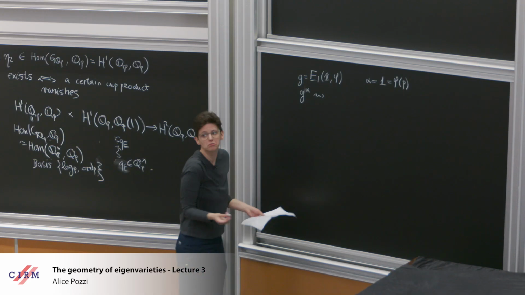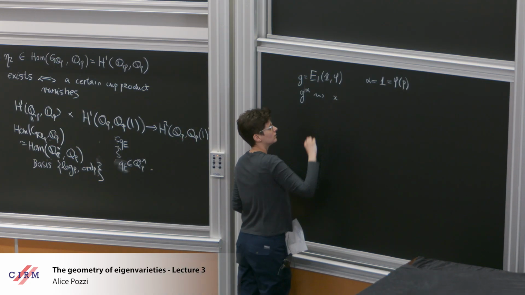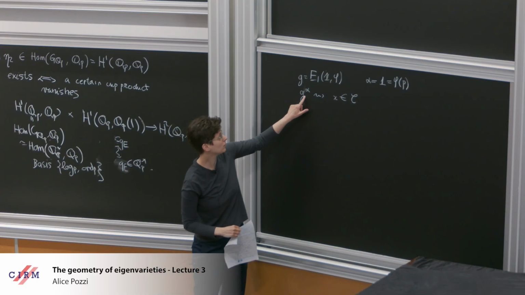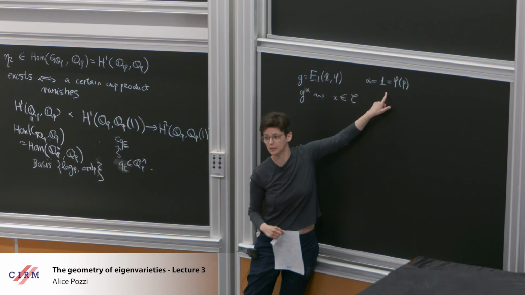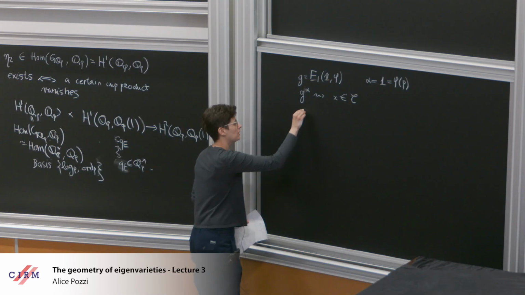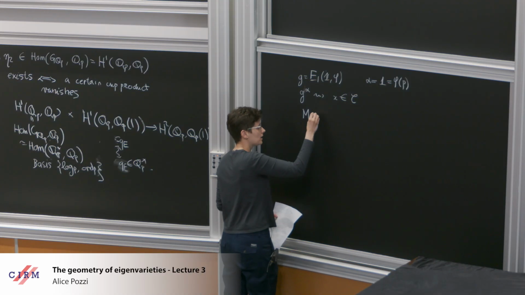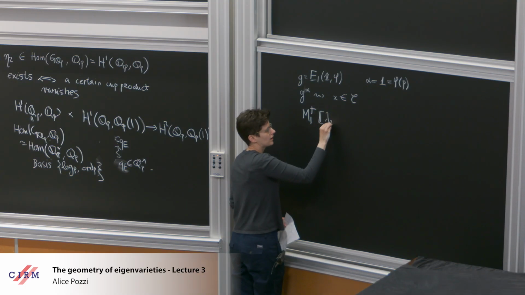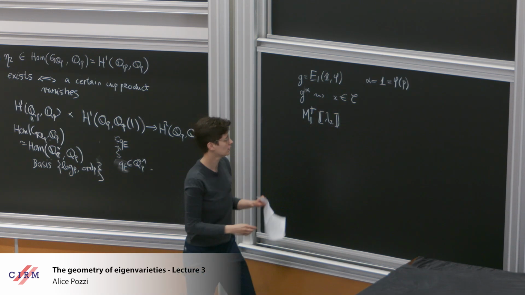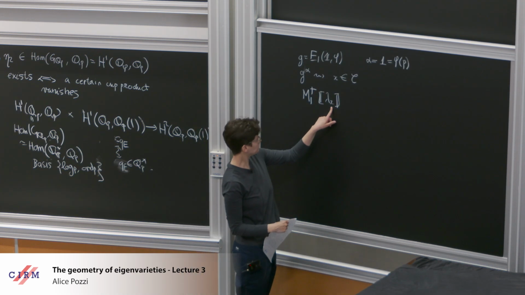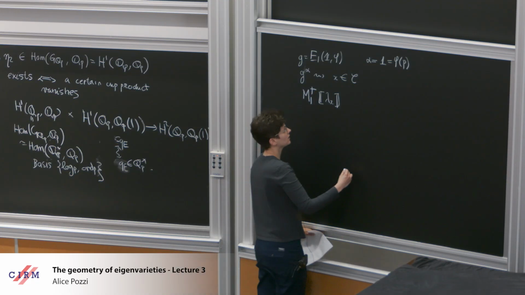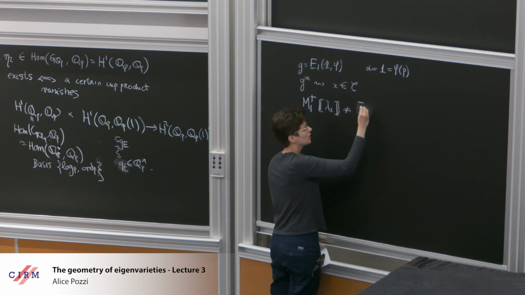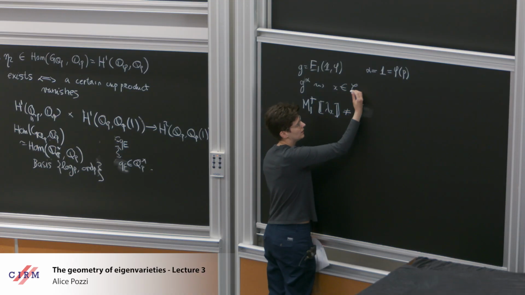Then this corresponds to a point on the eigencurve, but we know that because there is a unique stabilization at P, we've already observed that when we look at the generalized eigenspace corresponding to the system of Hecke eigenvalues of X, then this is not one-dimensional, because this is not equal to the span of this.